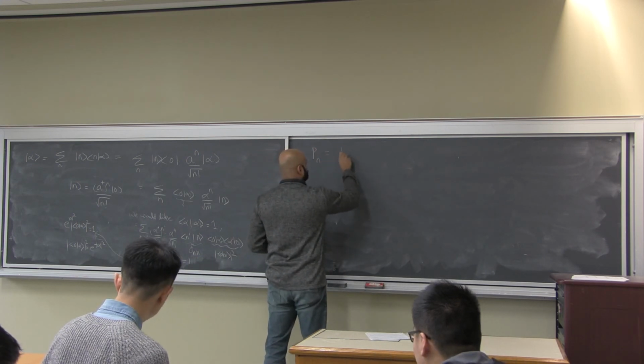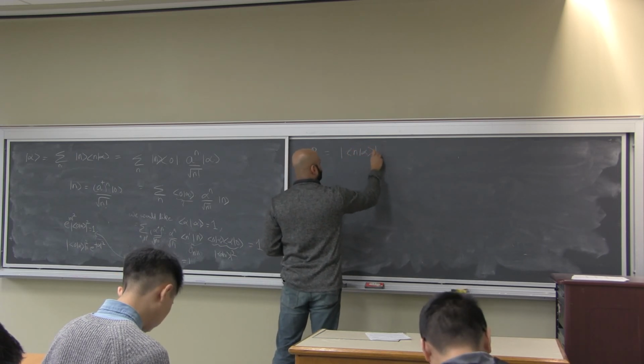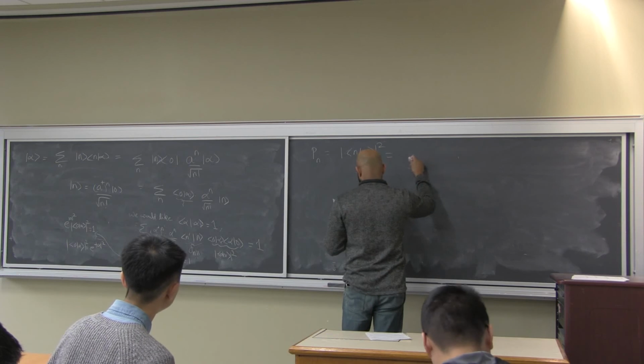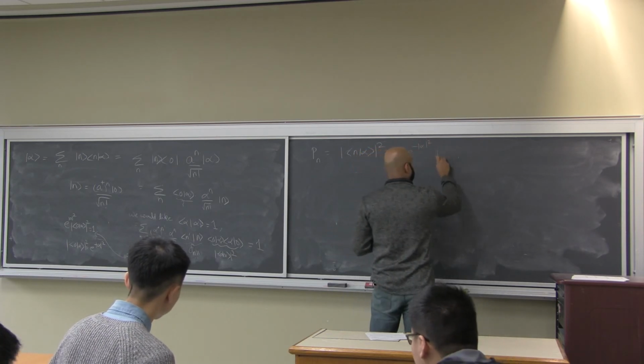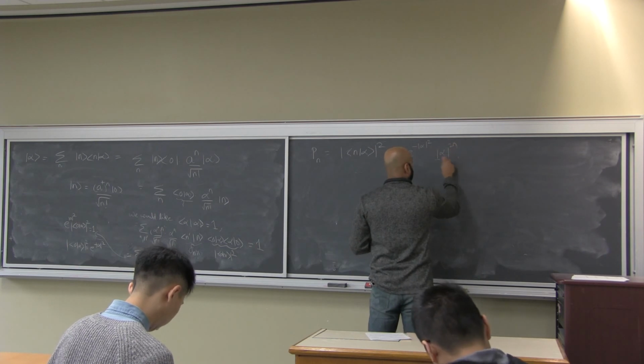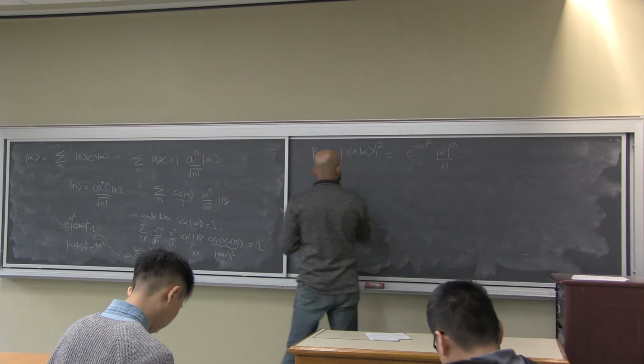That is simply the projection of alpha onto n, whole squared, which from this derivation is simply e to the minus alpha squared times alpha to the 2n divided by n factorial. And this is indeed a Poisson distribution.